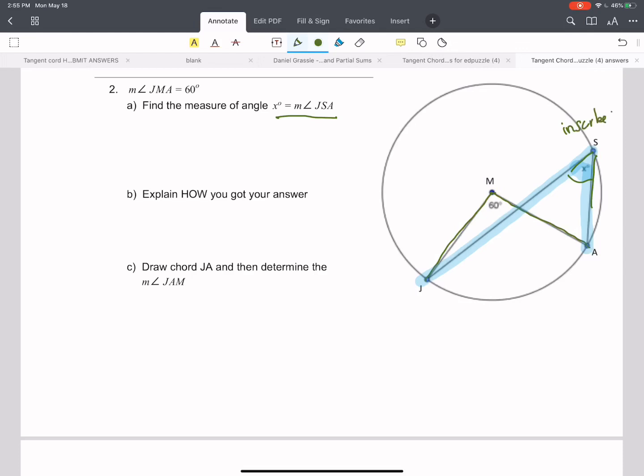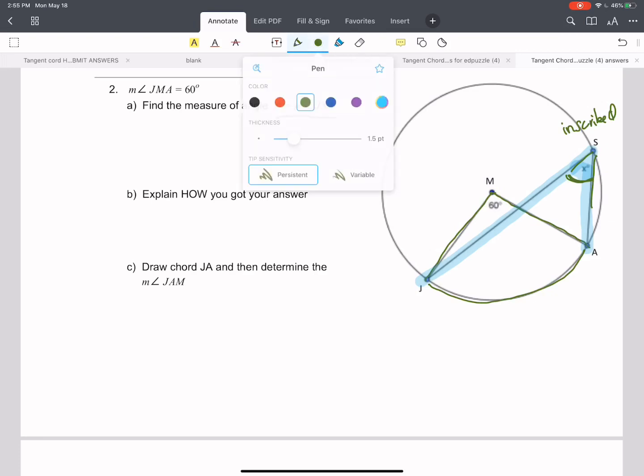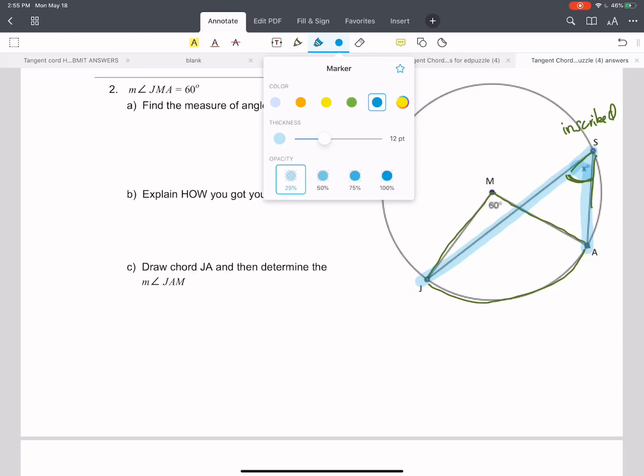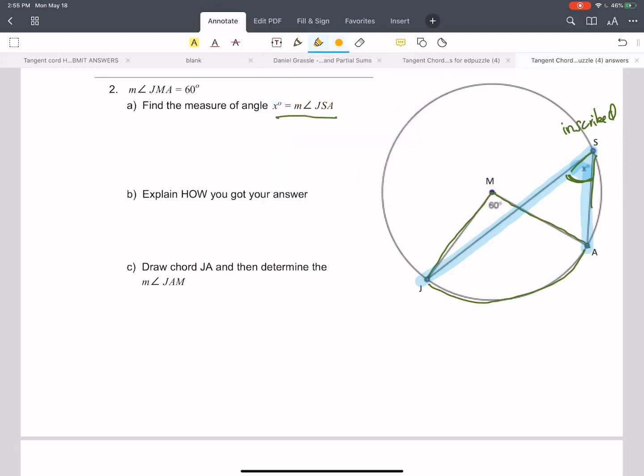And if that's an inscribed angle, then whatever this arc is, it's double. The problem is we don't have any numbers there. The only place we have numbers is right here at the 60. So my mentality is to go, well, what are you opening up to?